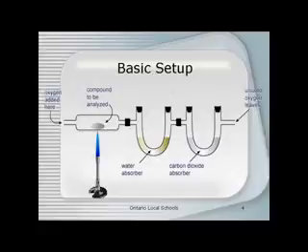Here's a rough diagram of a basic setup of a combustion analysis reaction. You can see oxygen is flowing through the area where the compound to be analyzed is. It's heated so that combustion takes place. The gases from the combustion are then forced through, in this case a U-tube that will absorb water, and then through a U-tube that will absorb carbon dioxide.